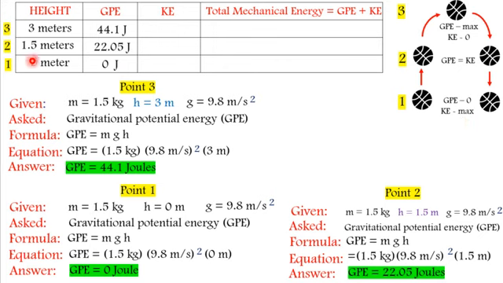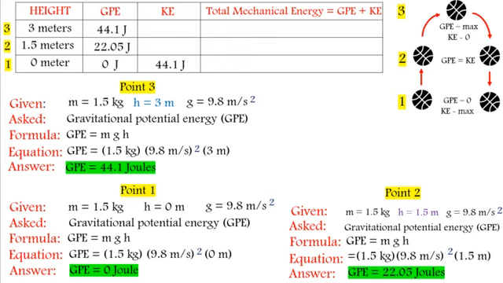Take note that the maximum height is 3 meters, which corresponds to the maximum amount of total energy of the ball, which is equal to 44.1. So the maximum amount of kinetic energy is equal to 44.1.